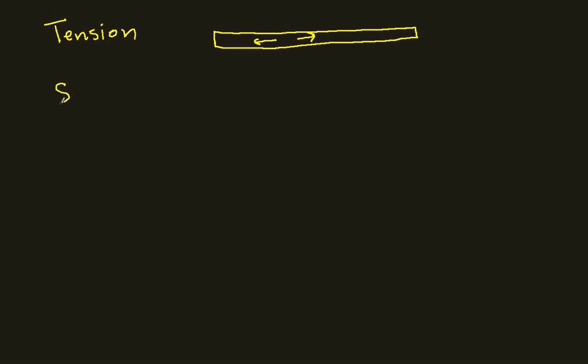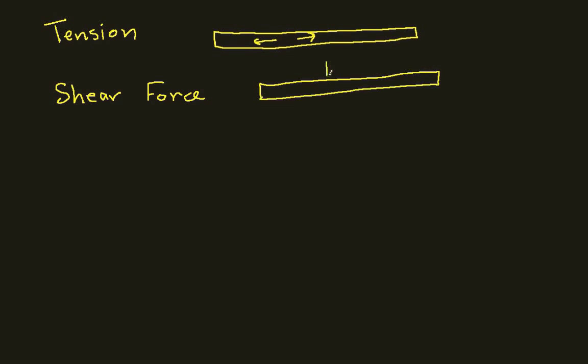Okay, shear force. If I have a beam and there's a shear force, that means that there is a force. Actually, we need to push this into the material. There's forces in the materials pushing part of it one direction and part of it the other direction.